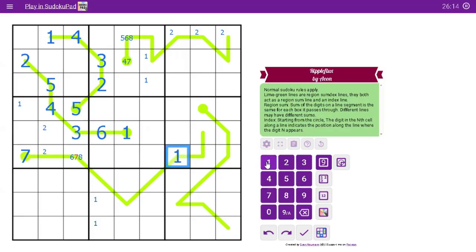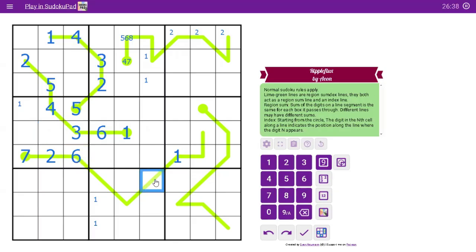This would be a 1 by index. This would be a 6 or an 8, but it can't be an 8, because then this would sum to something bigger. So this would be 6. That would mean this is 13, so that needs to be a 2. So that would work for now, but I don't know if I'm hopeful.